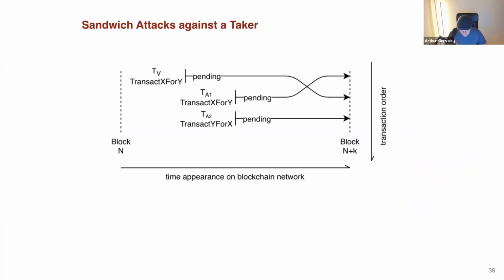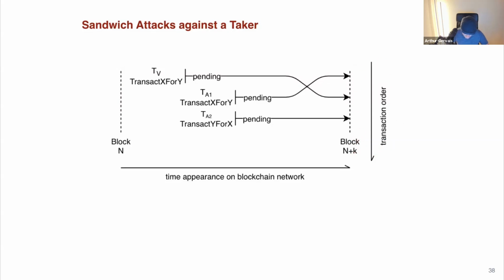And this is exactly what sandwich attacks take advantage of. Here on the x-axis, you have the time of appearance on the blockchain network. So it's the time axis. We have here a block n, and a block n plus k. We assume that this is the transaction order.